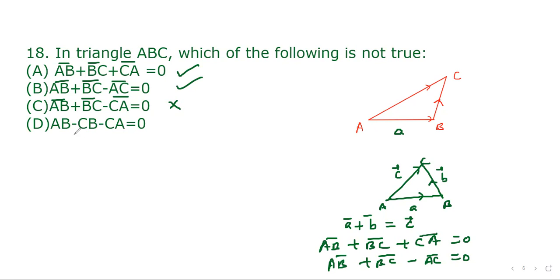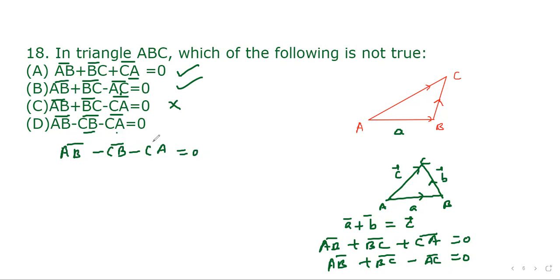And here AB minus CB minus CA. If we write this BC as CB, then it will give a negative sign. So let's reconsider this last one, AB minus CB minus CA equal to 0.